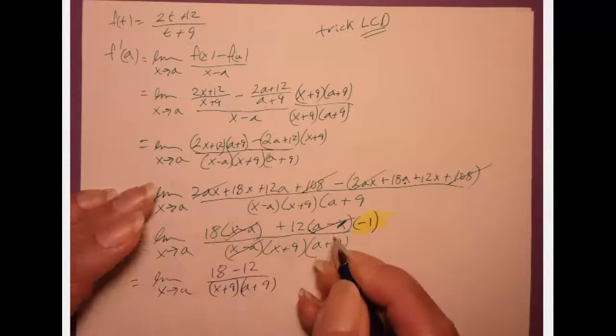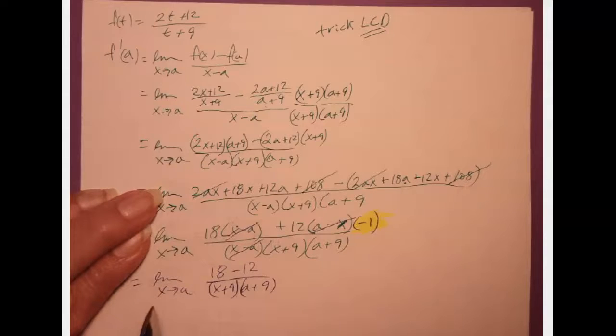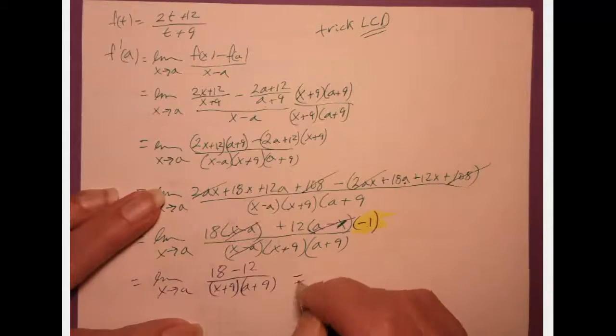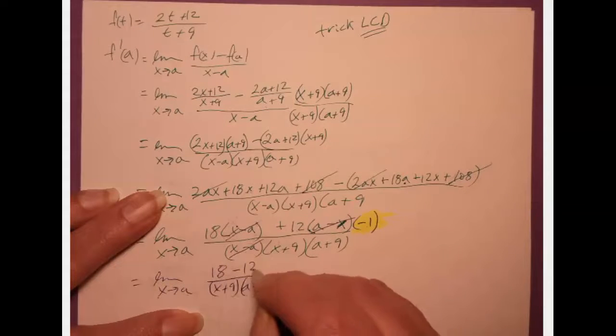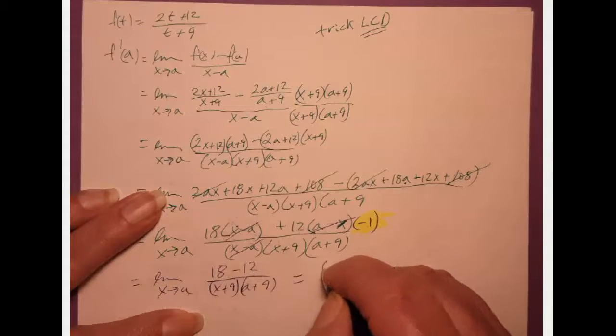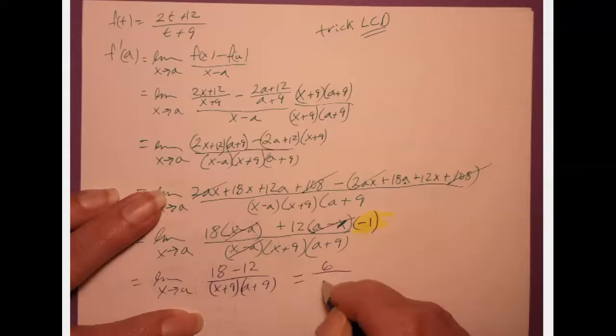Now be really careful when you put this as a, because this says everything that is an x is going to turn into an a. So my slope now, putting the a in for x, I've got 18 minus 12, which is 6, over a plus 9 squared.